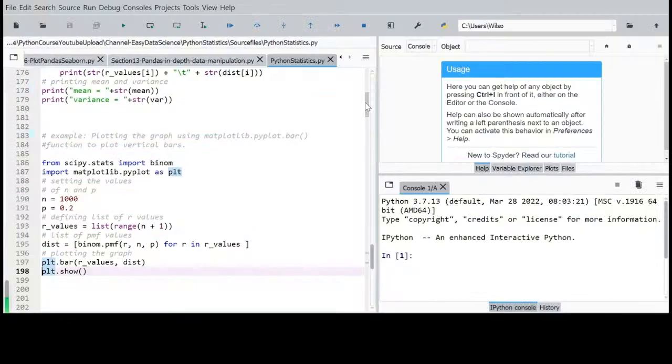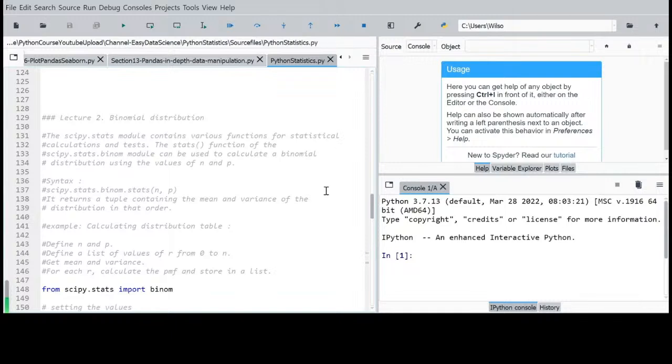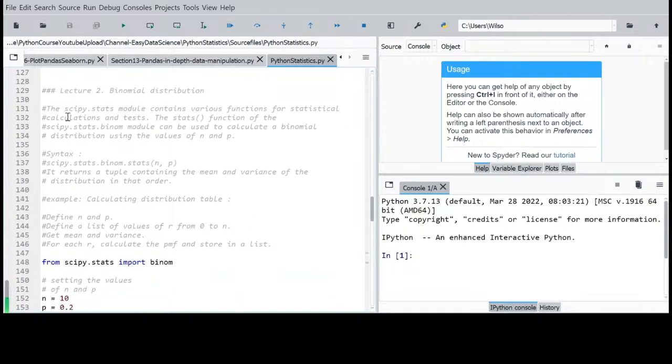So we will show how to work with binomial distribution in Python. In Python, the SciPy stats module contains various functions for statistical calculations and tests. The stats function of the scipy.stats.binom module can be used to calculate a binomial distribution using the values of n and p.